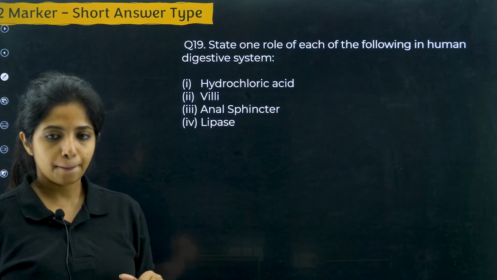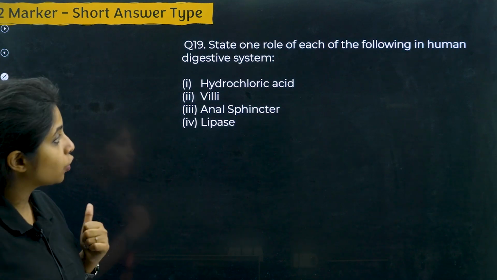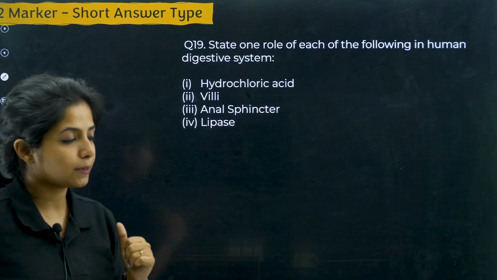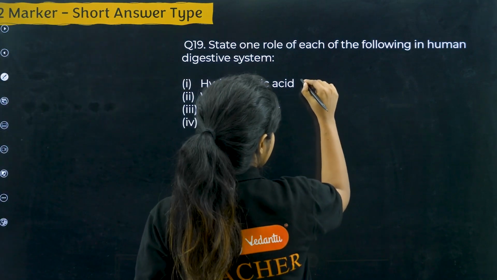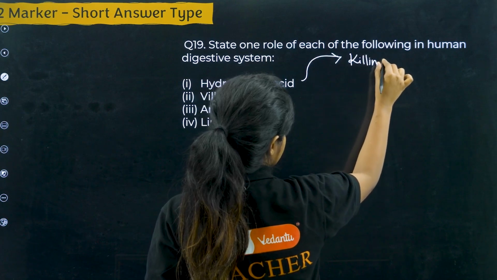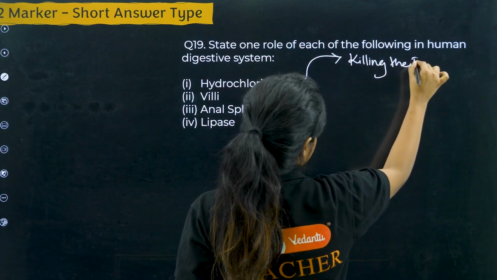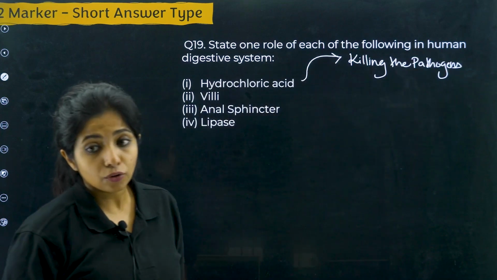Short answer type. State one role of each of the following in the human digestive system. Hydrochloric acid. What is the role of hydrochloric acid? Hydrochloric acid is released in the stomach first for killing the pathogens. What is the second role of it?